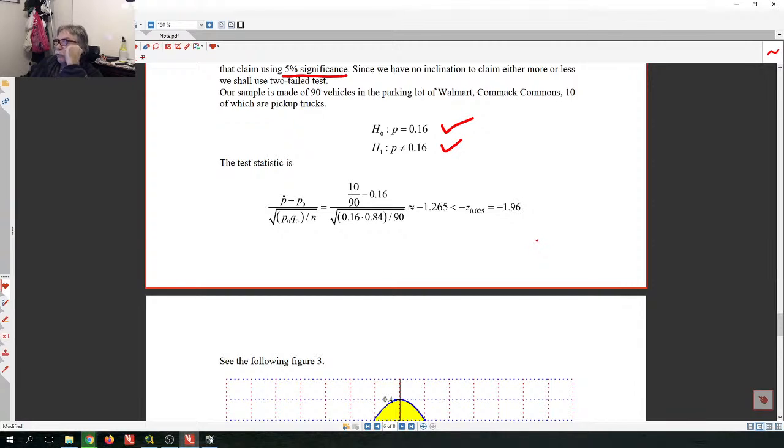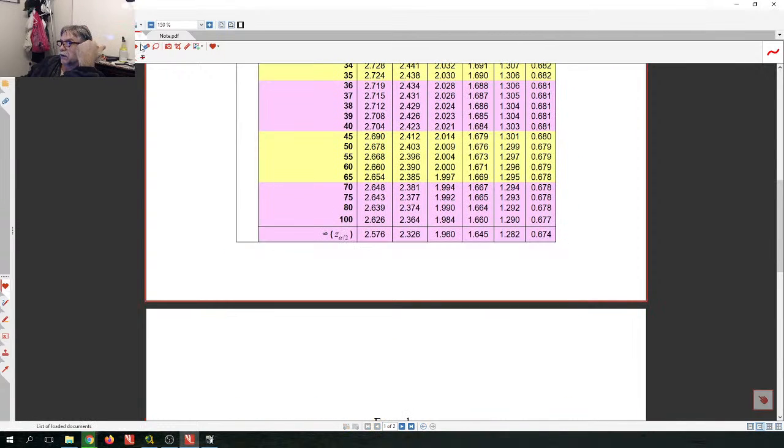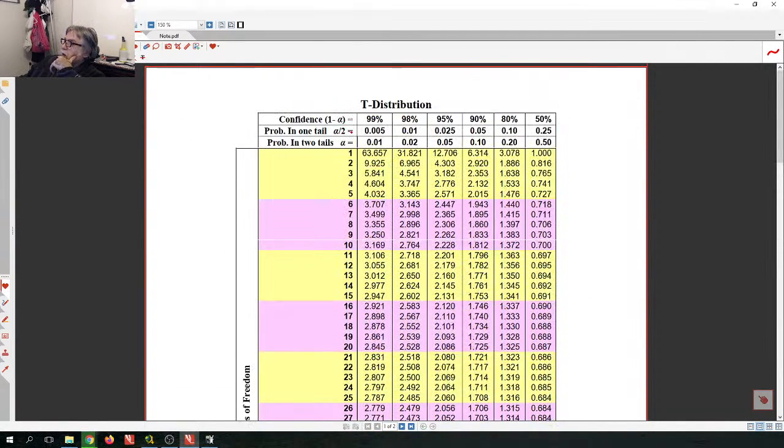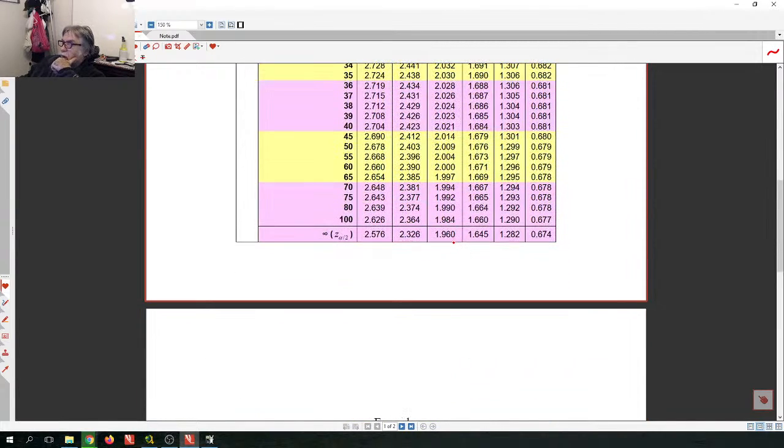1.96, positive or negative. So now I'm looking for two tails because my test is two-tailed. I need to find the two tails that are combined 5%. And I do remember, so the central region is 95%. I don't need to look at the tables, but if you look at the table, you're going to see the two tails 5%, down there, Z value, 1.960.